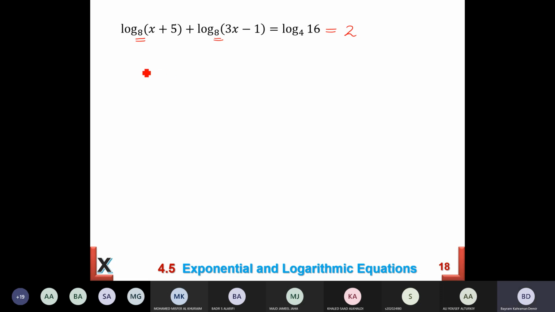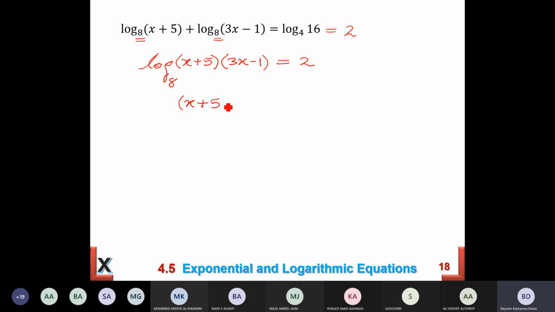And now you just need to multiply, Shabab, the arguments. X plus 5 times 3x minus 1 with base 8 equals 2. And the rest, I guess, is going to be easy for you.